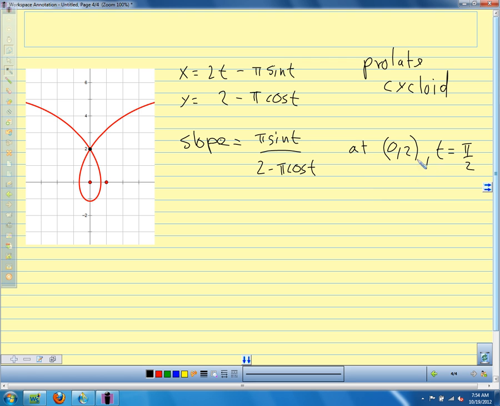At the point (0, 2), we end up with t equals plus or minus pi over 2. So we end up with two slopes here. We have dy/dx equals pi over 2 or negative pi over 2.